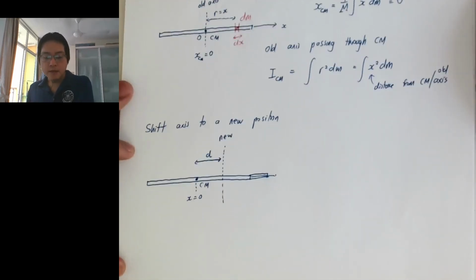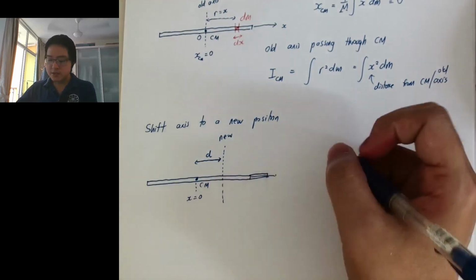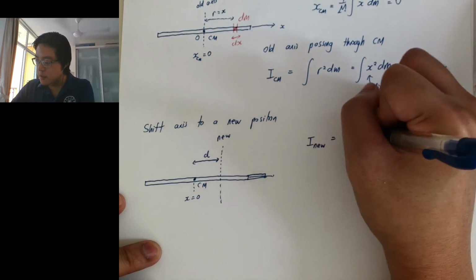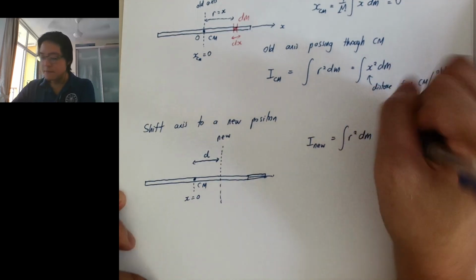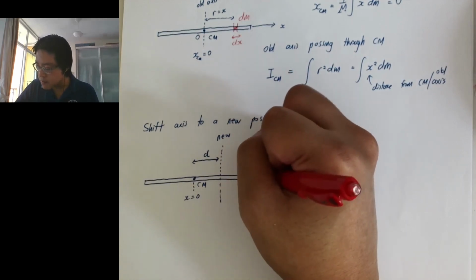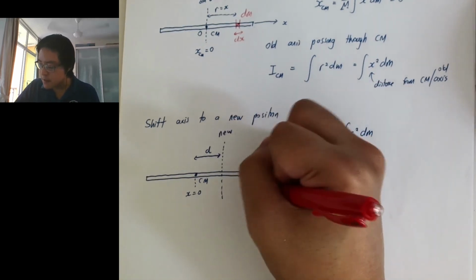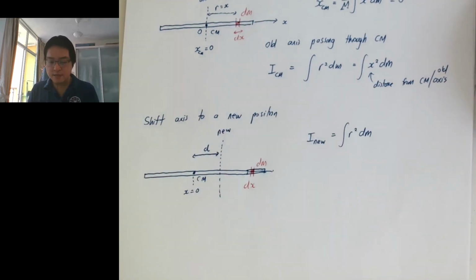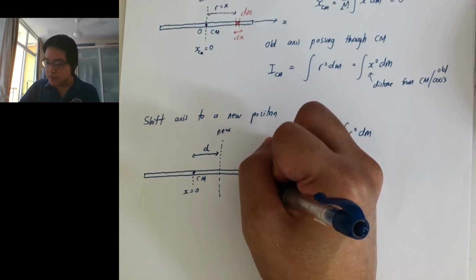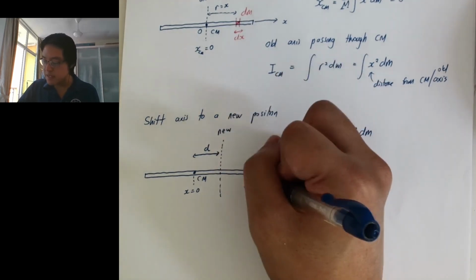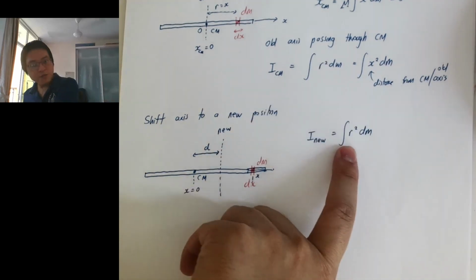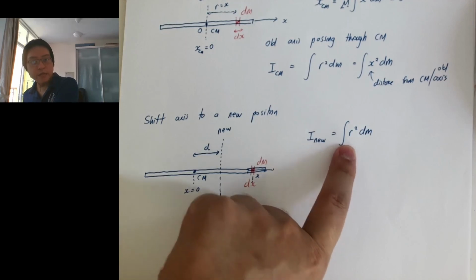Then how do we find the moment of inertia? We can still apply the formula, the integral of r squared dm. Let's look at one dm. Let's say I take one piece over here, the infinitesimal mass is dm, and the infinitesimal length is dx. What is this position? The position is some x, but I want to find r squared dm, and this is where you have to be careful.